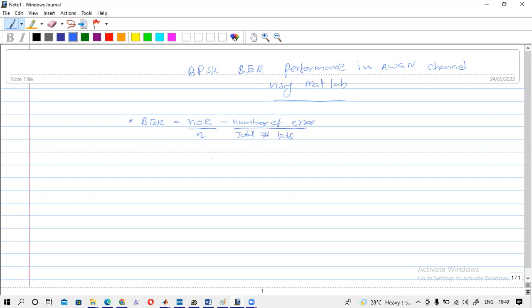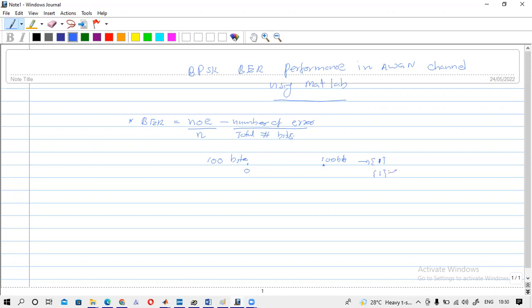For example, if you are sending 100 bits from one place to another place, you will receive the 100 bits, and 1 bit you received incorrectly. For example, if you send 0 here, you will receive 1 instead of that 0.